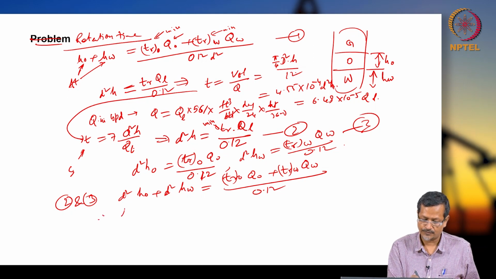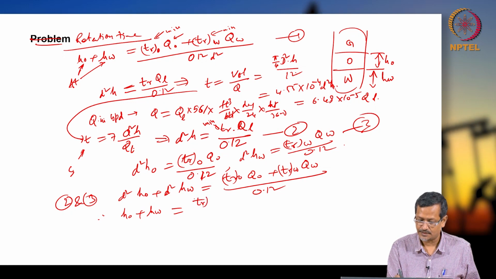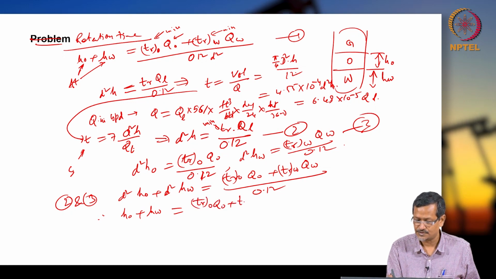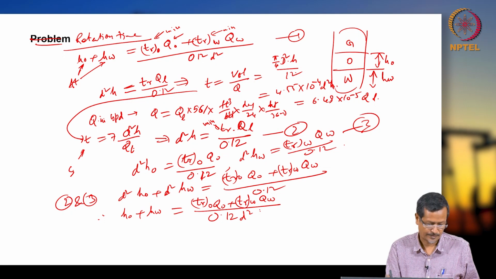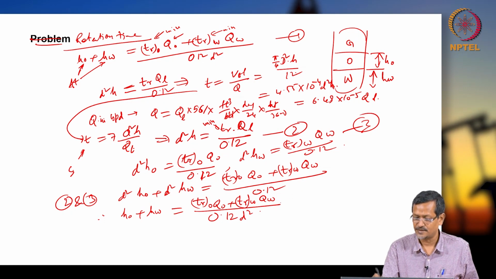Therefore HO plus HW equals TRO QO plus TRW QW over 0.12 D square. So this formula we get same as 1.